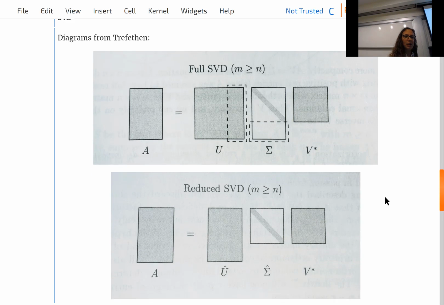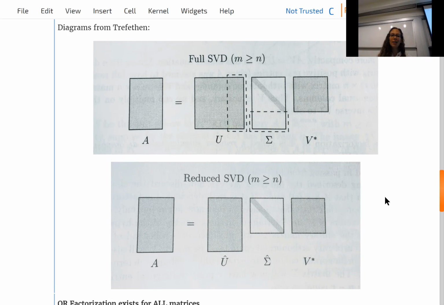But the idea is there's both a full SVD and a reduced SVD, and they're both referred to as SVD, so it's not always clear. With the full SVD, U is a square matrix. For the final m minus n columns of U, you're just filling out what's needed for an orthonormal basis, but these are getting multiplied by all zeros.